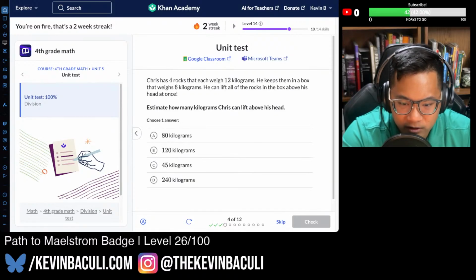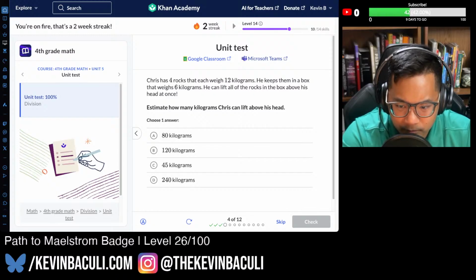Chris has 4 rocks that each weigh 12 kilograms. He keeps them in a box that weighs 6 kilograms. So 48 kilograms plus 6, 54. Right?